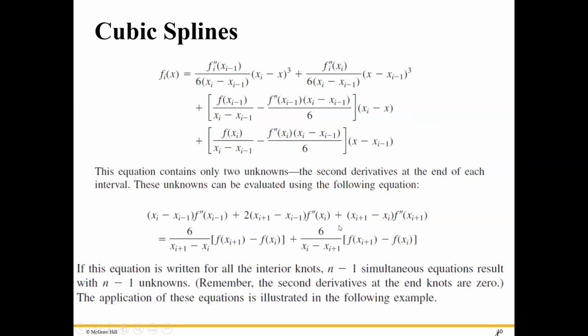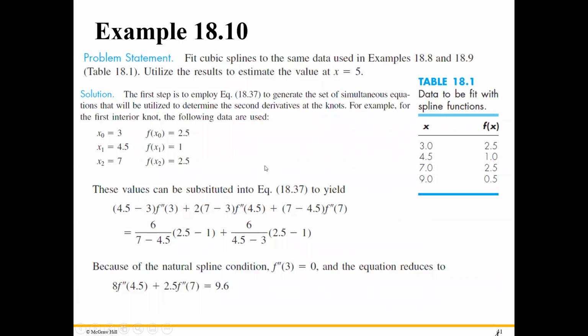The overall length of these two equations is quite long, so I will not go into the details of that. In the book it has been derived, but we will not go into the derivation of these two equations. So just see the example for the third order spline.